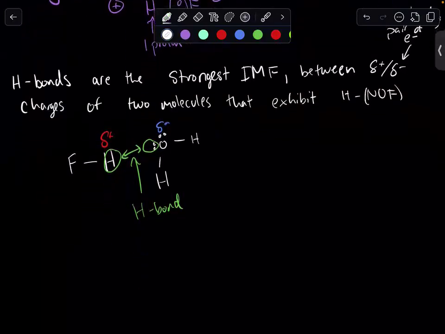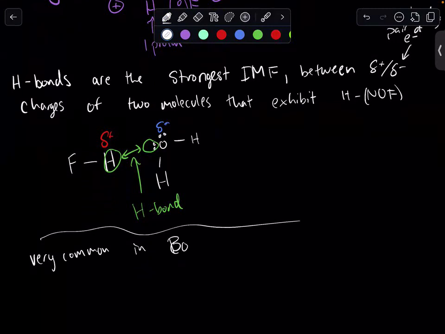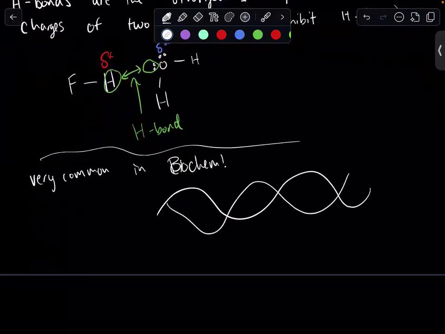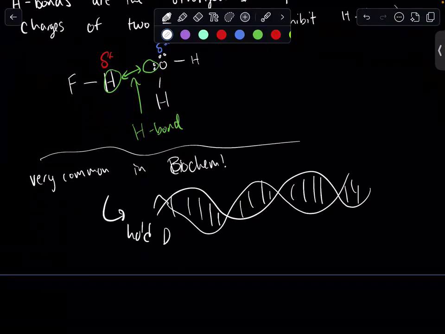One of the other things that you should just generally know about H bonds is they are very common in biochemistry. Very specifically, H bonds are what hold our DNA together. So they hold DNA strands together.